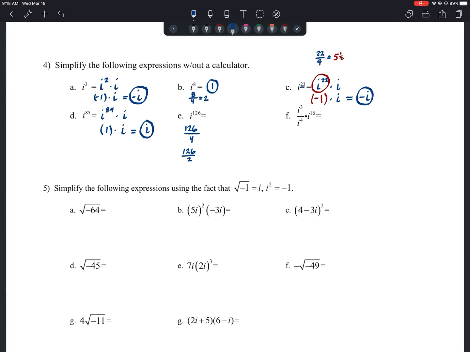If I divide this by 2, I get 63. I can't divide 63 by 2. Therefore, this is not going to be a whole number, this would be like 31.5. Therefore, we know that this is -1. So not divisible by 4.